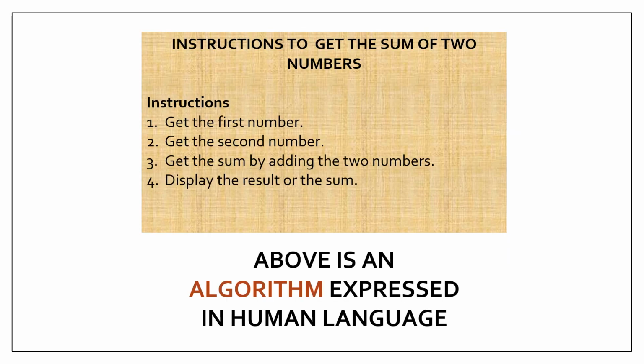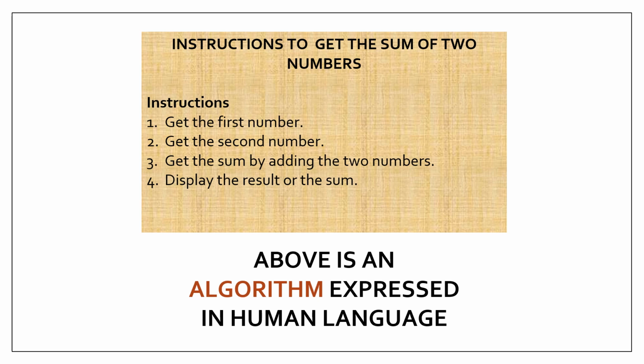Now, this figure shows us the algorithm that is done using the human language. As you can see, the task again is to get the sum of two numbers, and simply what we write in our instructions are items of basic instructions that we need to follow in order for us to get the sum of two numbers.